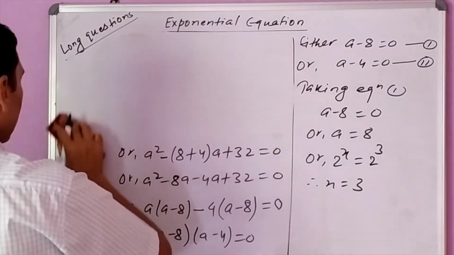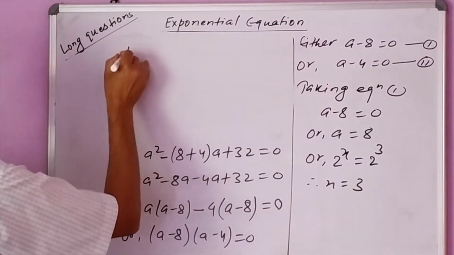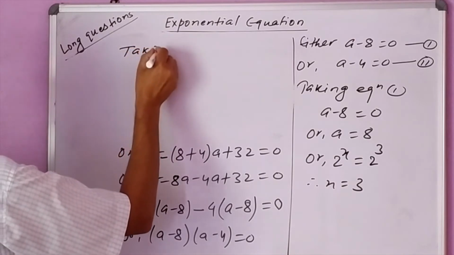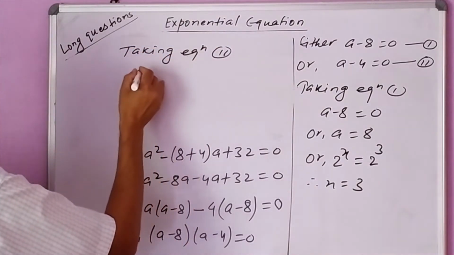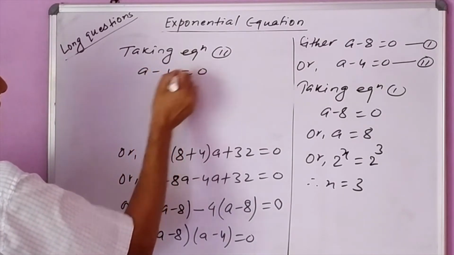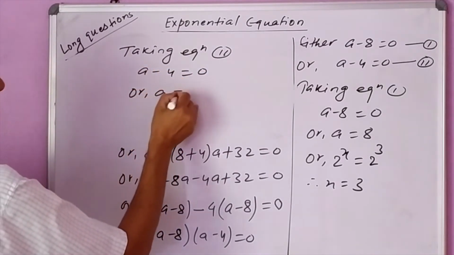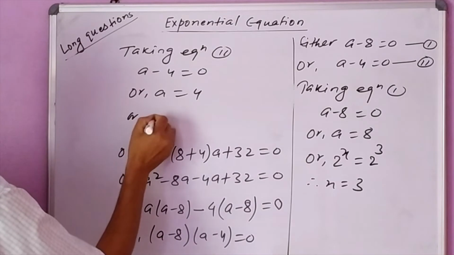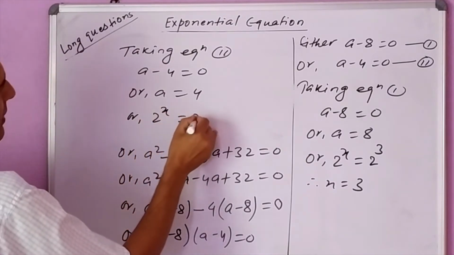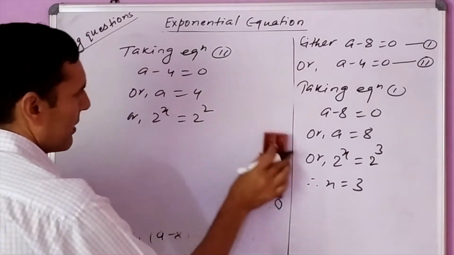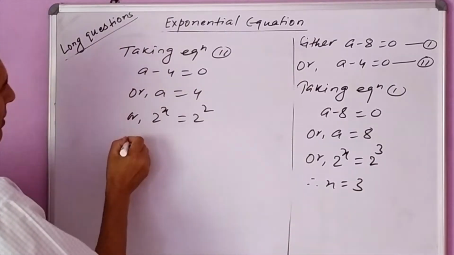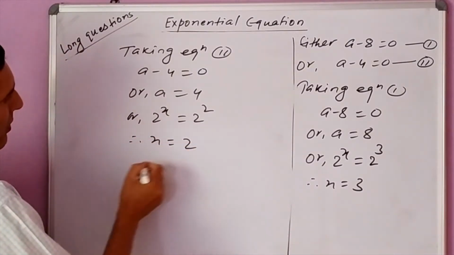Now taking the second equation, our equation number 2 is a minus 4 is equal to 0, or a is equal to 4. What is a? It is 2 to the power x, and 4 is 2 square. Now after getting the same base 2 on both sides, therefore x is equal to 2.